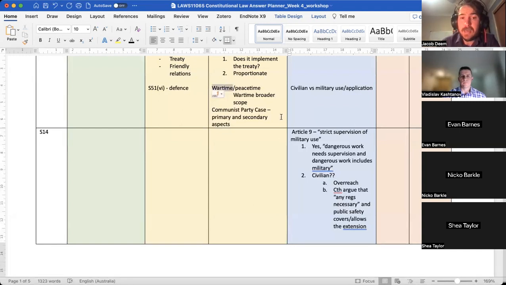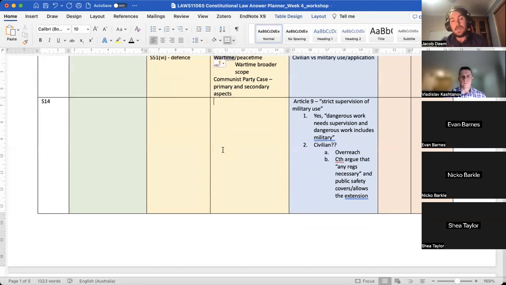The neat thing about that argument as well is that that's something that is within the primary aspect of the defense power, this ability to protect against domestic threats. So that's something that would be available in both wartime and peacetime. So that's potentially useful. It's not a weak argument by any means.